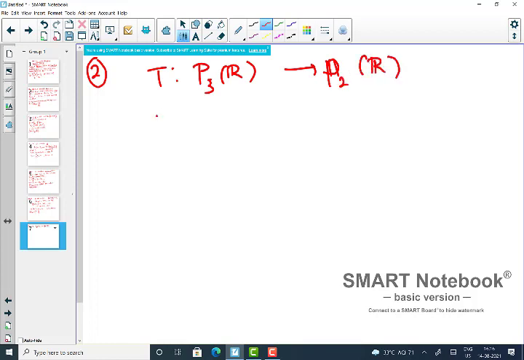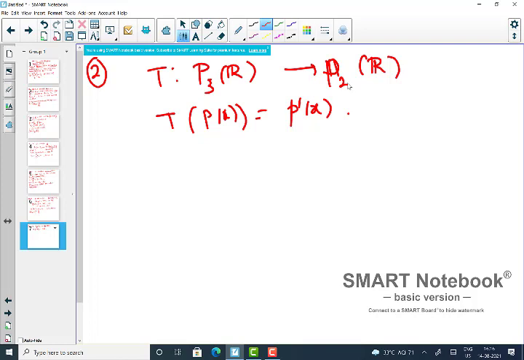I'm defining this map by the derivative of the polynomial. This is clearly a linear map. This is not the problem.